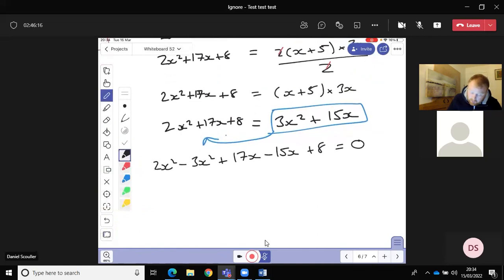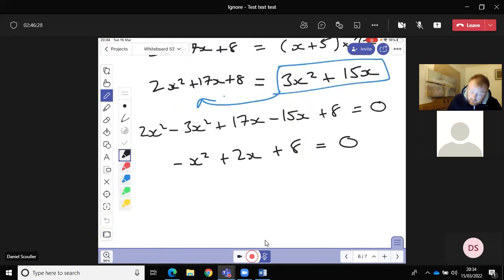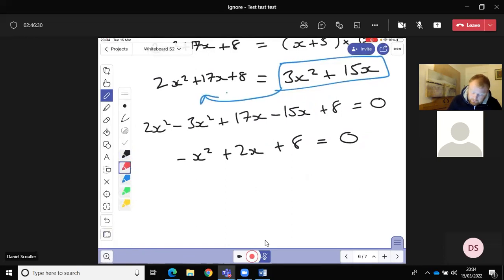Doing that, negative x squared plus 2x plus 8 equals 0. Now remember, when we're doing quadratics and trying to work out for x, we want to get rid of that negative when we're working out the roots.